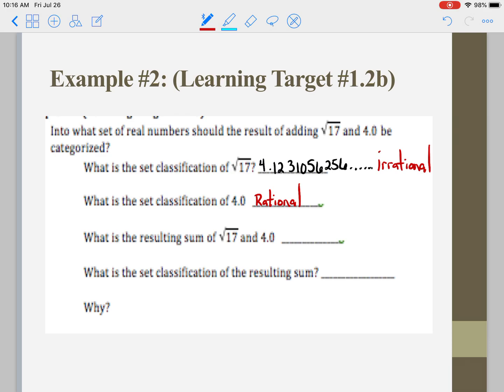So when we think about the resulting sum, the word sum implies addition. So we are going to add the square root of 17 and 4.0.